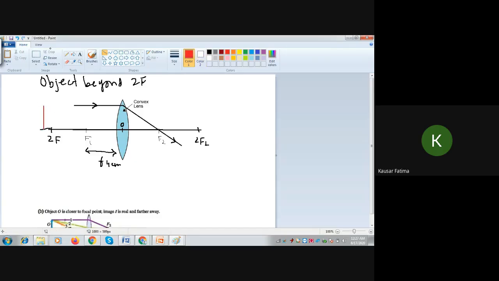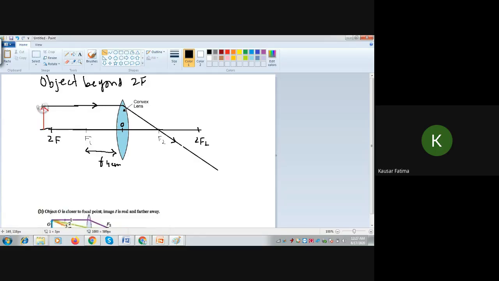This is the tip, it means the upper part of the object. We will take 2 rays. One ray from the top of the object will pass through F, and I have to elongate this ray. Now I'll take one more ray, coming parallel to the principal axis, which will go through F2 on the other side.